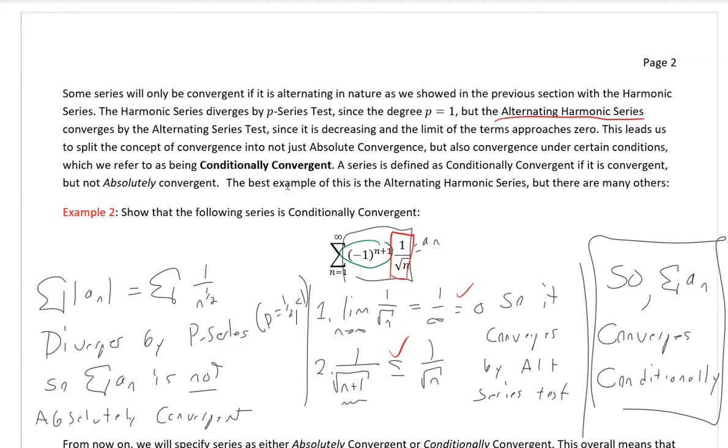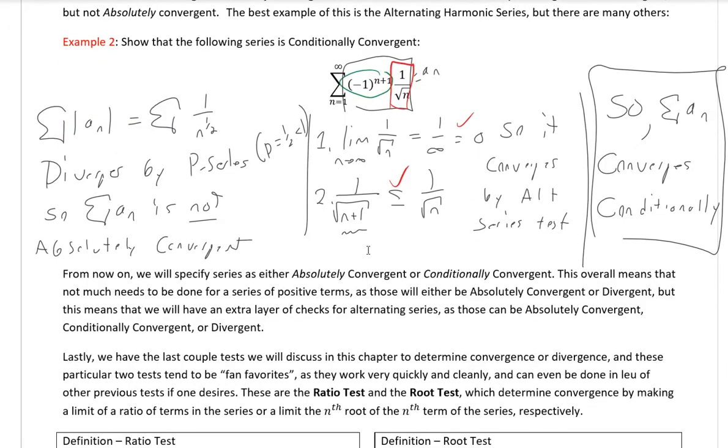What this really means is that when we're dealing with alternating series or series that include some negative terms, that is where you're going to need to be careful of either absolute or conditional convergence. But for anything that's all positive terms anyway, it's just going to show absolute convergence. So that's one note about absolute and conditional convergence, which ties into the previous section.